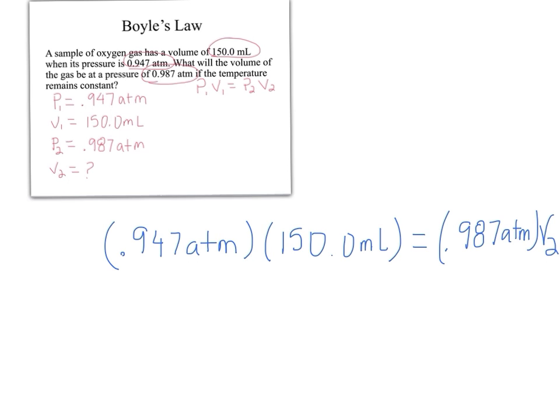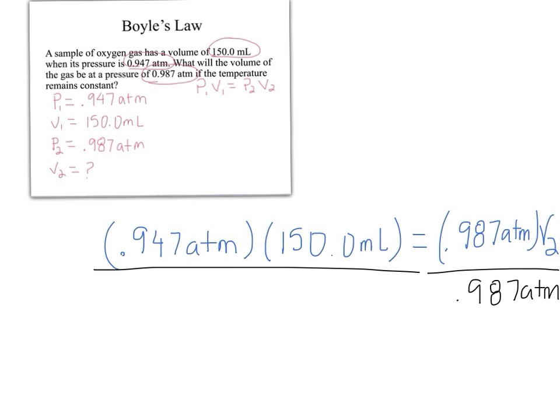And we're just going to solve for V2 algebraically. So I'm going to divide both sides by 0.987 atm.